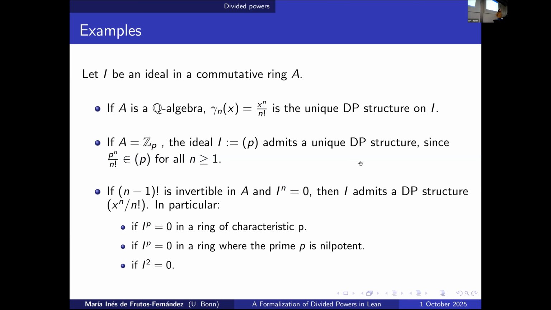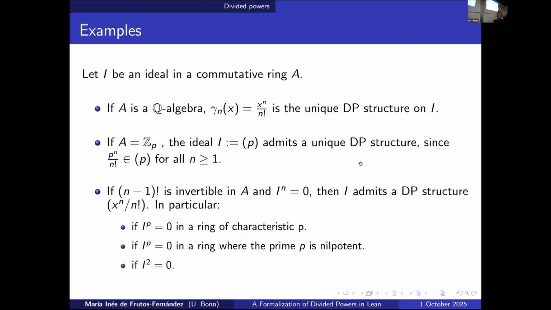And then the third class of examples that we considered is that if we take a ring A where (n-1) factorial is invertible and some ideal I such that I to the n is equal to 0, then again, this family x to the n over n factorial is going to provide a divided power structure on the ideal I. Some particular cases of this are if A is a ring of characteristic p, or more generally, a ring where the prime p is nilpotent, then you can take any ideal where I to the p is equal to 0, and this will work out.